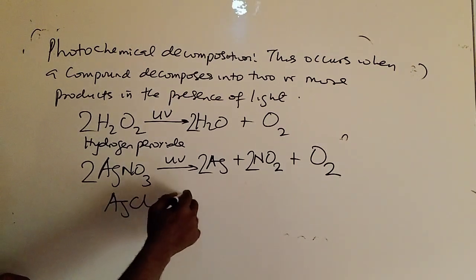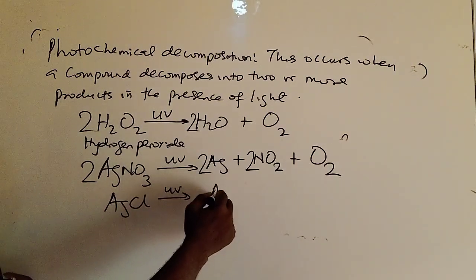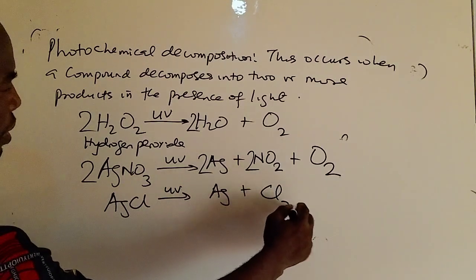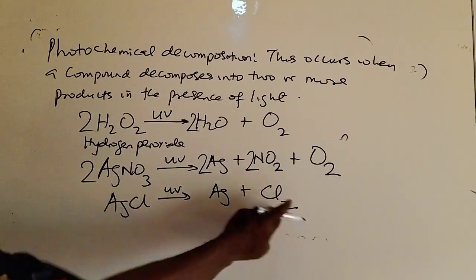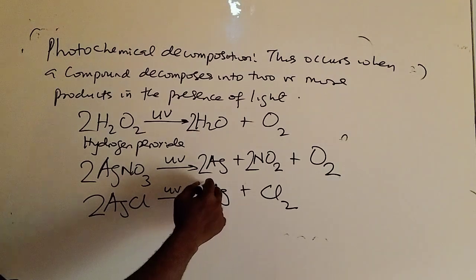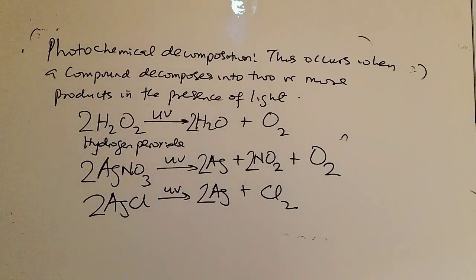Silver compounds are always light sensitive, splitting into silver and releasing chlorine gas. You have 2 here, you put 2 to balance this, and then put 2 here. So these are few examples of photochemical decomposition reaction, which is facilitated by light. We can still call them photolytic decomposition reaction, or photochemical decomposition reaction.